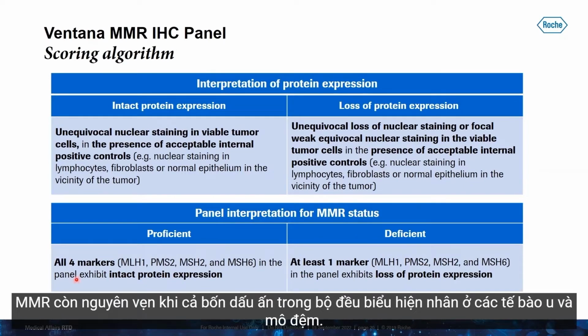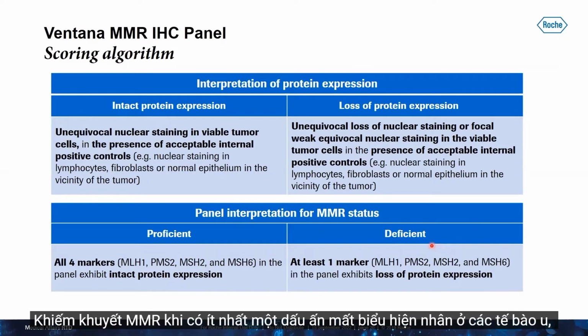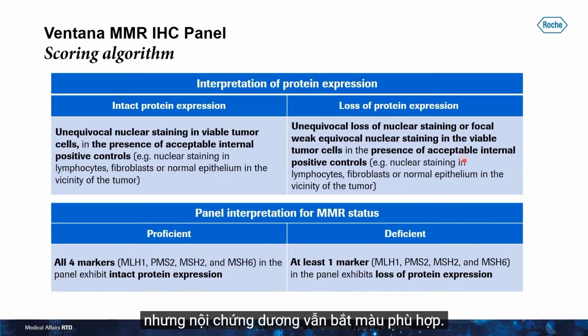Proficient is when all 4 markers in the panel exhibit intact nuclear expression by the tumor cells and the stromal cells. Deficient MMR is when at least one marker in the panel exhibits loss of nuclear expression by the tumor cells in the presence of positively stained internal control cells.